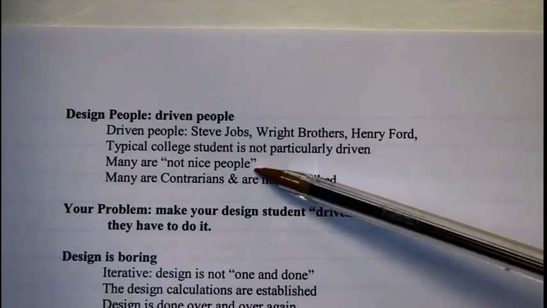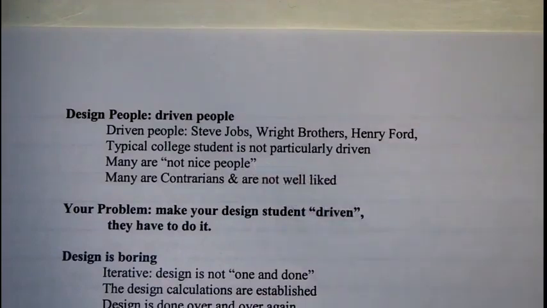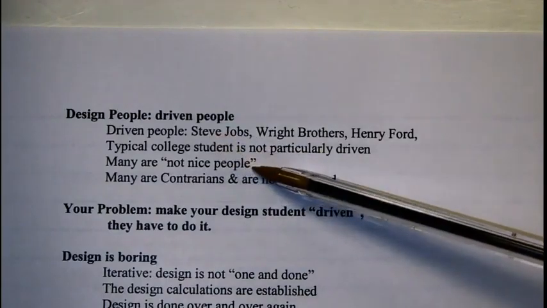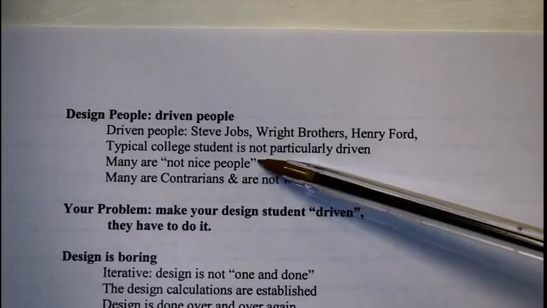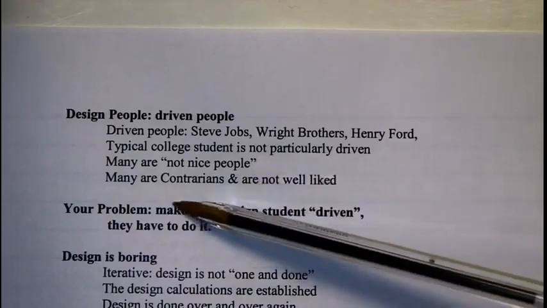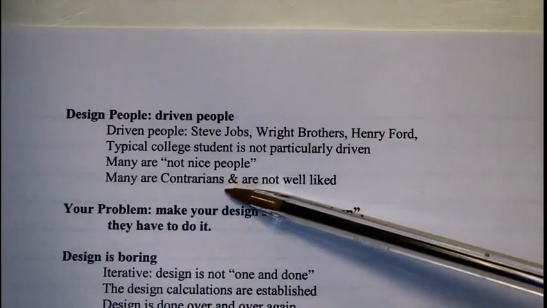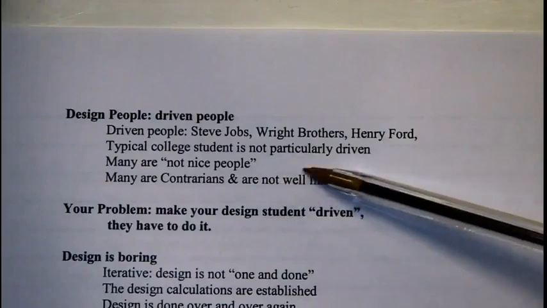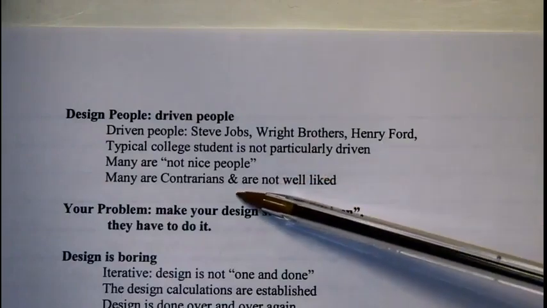They came out when he got older. It's kind of interesting. So you find out that these design people are not nice people. Many of them are contrarians. They're not going to accept the status quo, and they're probably not going to be well liked.